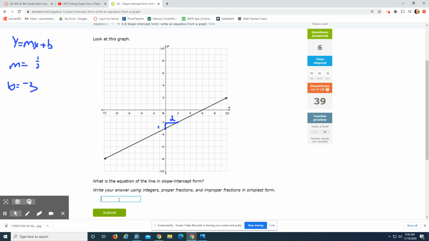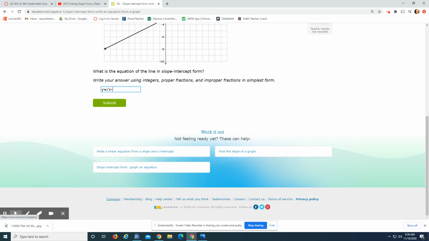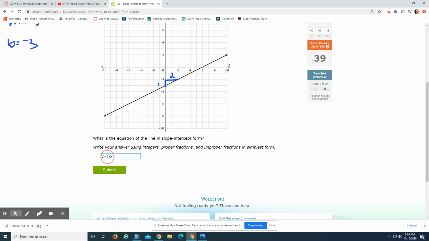And then we just type in y equals 1 over 2x. And then because it's negative 3, we put minus 3. Now, notice how my numbers didn't type. So 1 over 2, 3. Double check your work before you click submit, because sometimes you'll hit the wrong button.